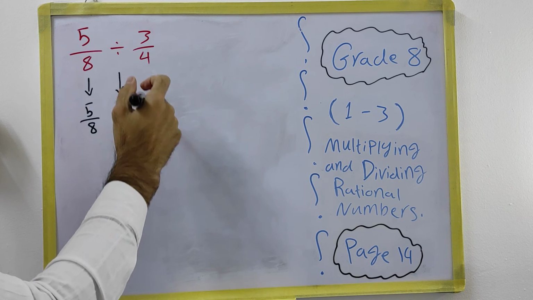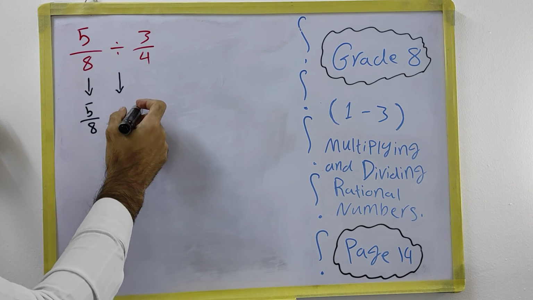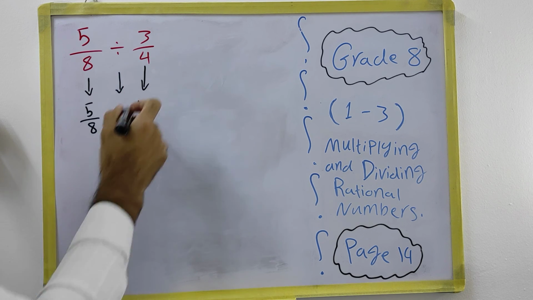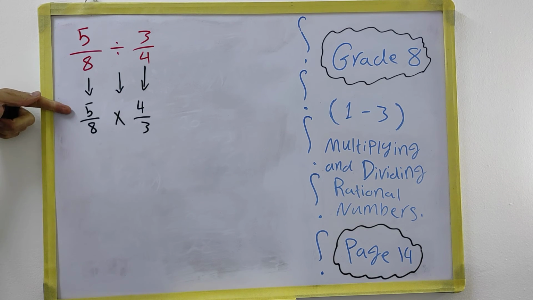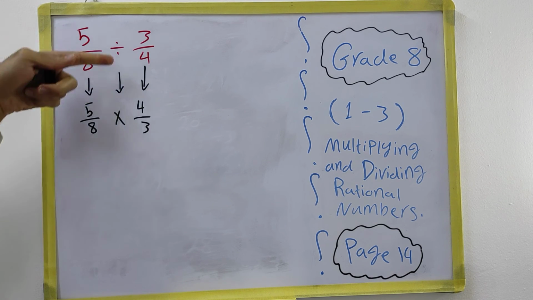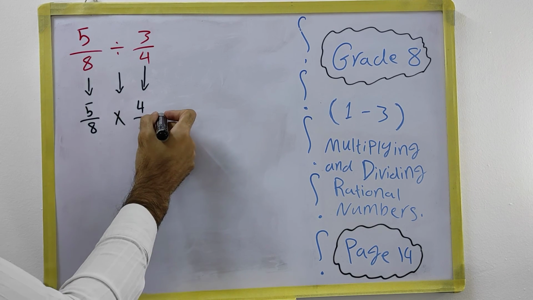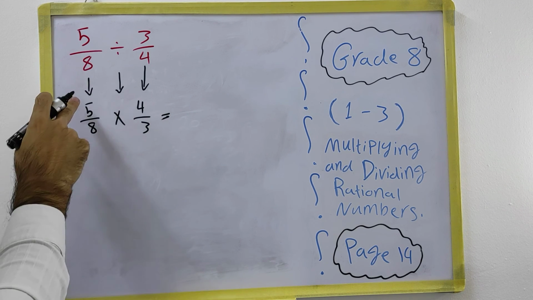And we reverse the second one. It's 3 over 4, we will make it 4 over 3. Keep the same, change to multiply, reverse. Now it's a multiplication question. You can always use it this way to change division into multiplication, which is easier to solve then.